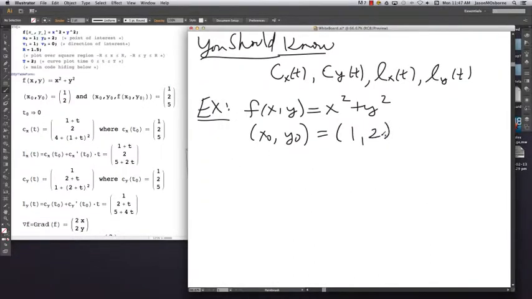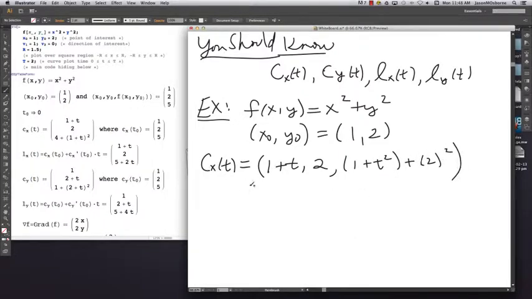We want to compute the curve in the x direction, going through the point x naught, y naught. It will be 1 plus t, comma 2, and then your curve is 1 plus t squared plus 2 squared. There is your curve in the x direction.